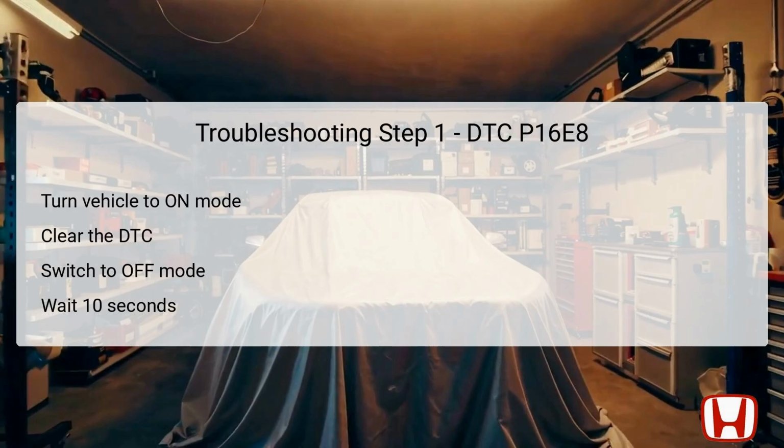This is crucial as it resets the vehicle systems and ensures that any new data can be accurately collected. After waiting for approximately 10 seconds, re-engage the vehicle to the on mode to facilitate a new diagnostic check for pending or confirmed DTCs using the HDS. This step determines whether the P16E8 code persists or if intermittent issues exist.